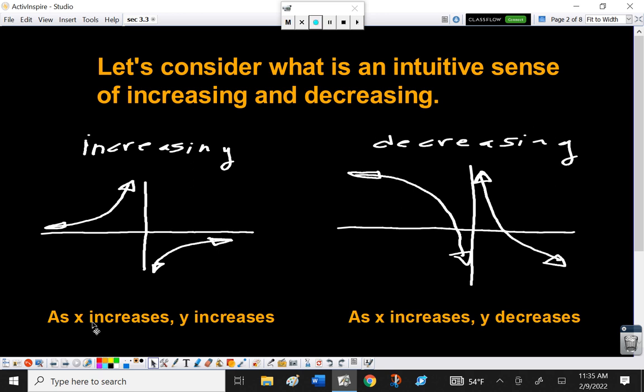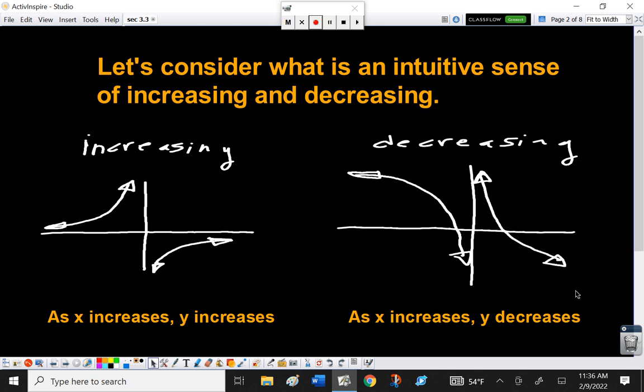As x increases, y increases. That's what pre-calculus teaches you. Okay? And similar for decreasing, as x gets bigger or increases, y decreases. This indicates a decreasing function. Okay, so that's the intuitive sense.